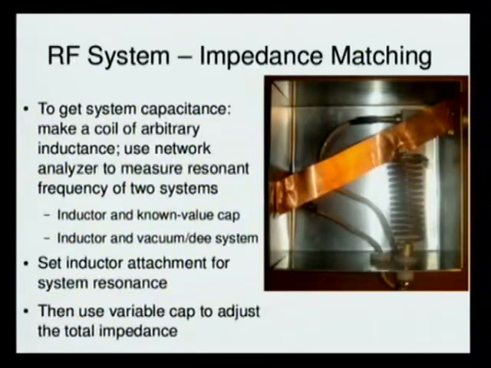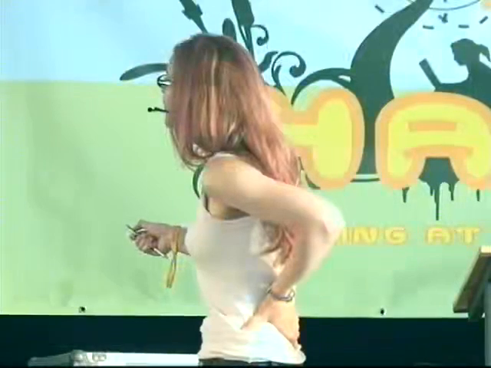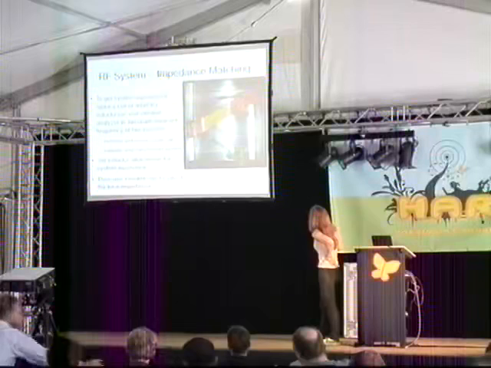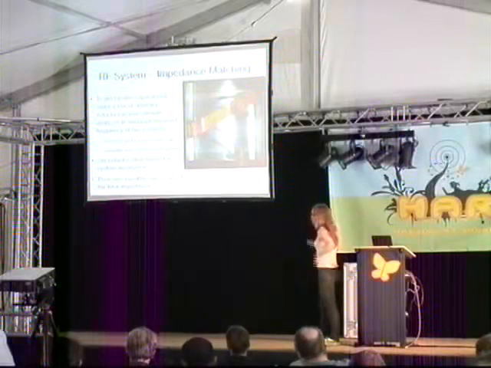Basically, you hook your capacitor and that inductor up to your network analyzer, and then with your brazing torch, because that's what you need to attach to something as thick as this reliably, you tap off of the inductor at different points along the coil, so different numbers of turns of the inductor are in your system. Keep moving it and moving it until your system is at the frequency it needs to be at.